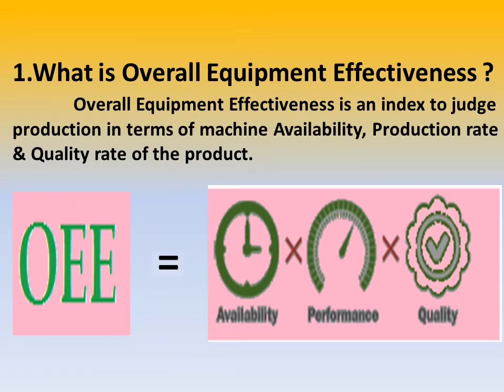For TPM and lean manufacturing programs, overall equipment effectiveness is a key metric. And also it is an important characteristic of capacity planning, material planning and other resource planning.